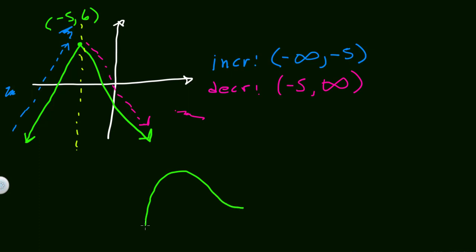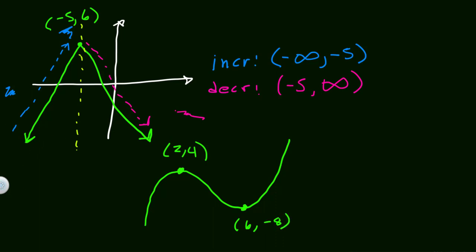So we could have a function like this. And the important part is going to be to find these extrema, these almost like vertices of the graph, where we have a max and a min. And let's just give another quick example here. Let's say that this is 2, 4, and maybe this is 6, negative 8.